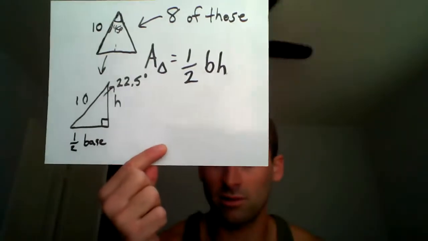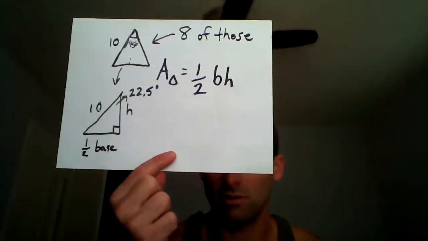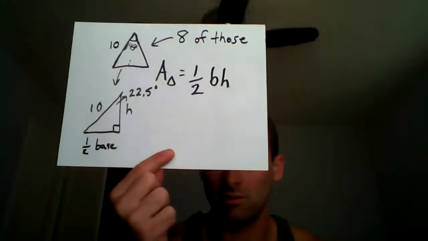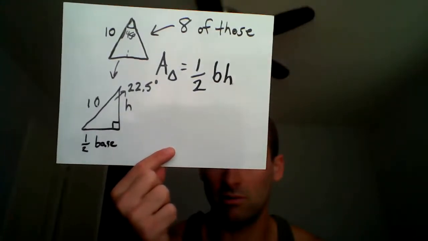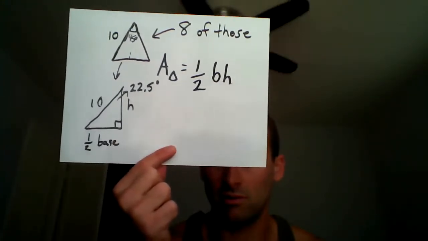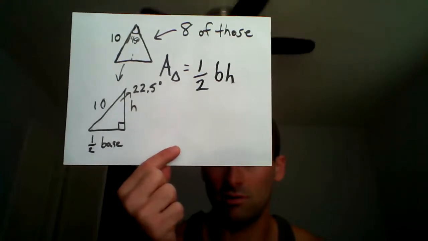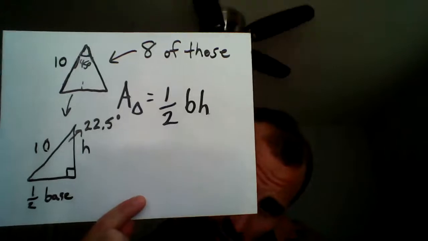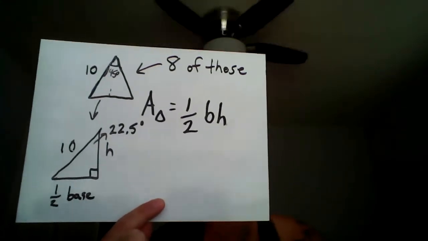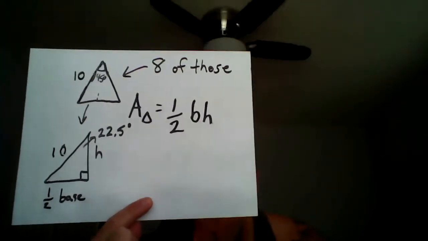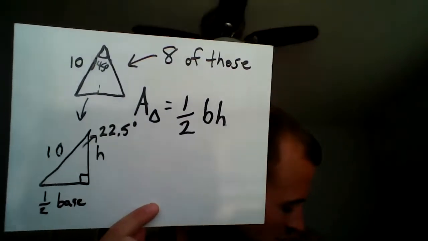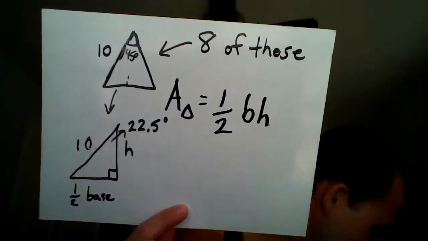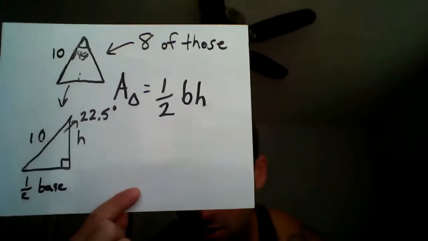Adjacent and hypotenuse. It's got to be sine, cosine, or tangent. Cosine.